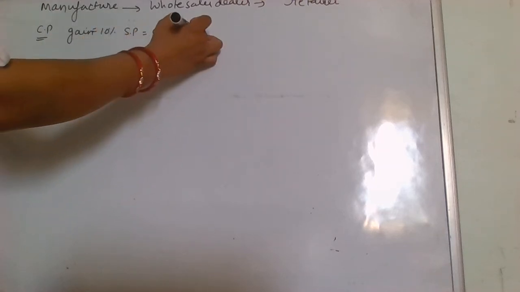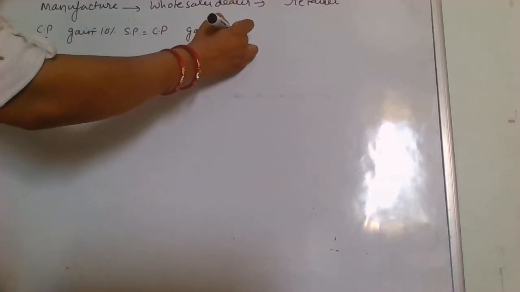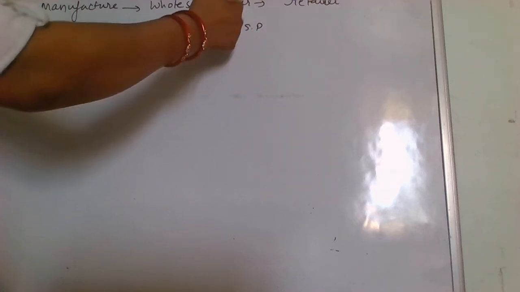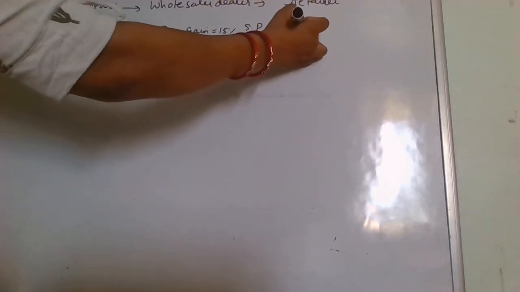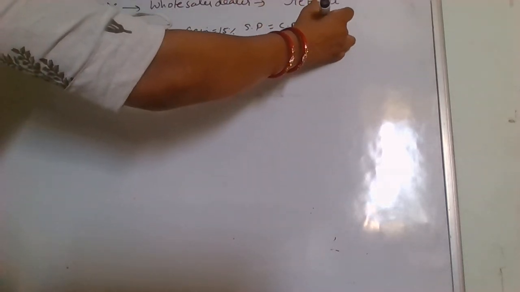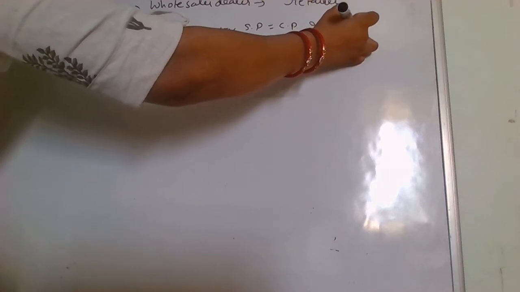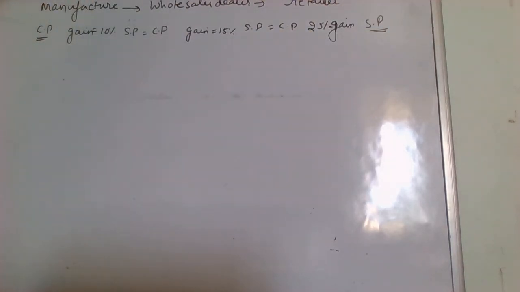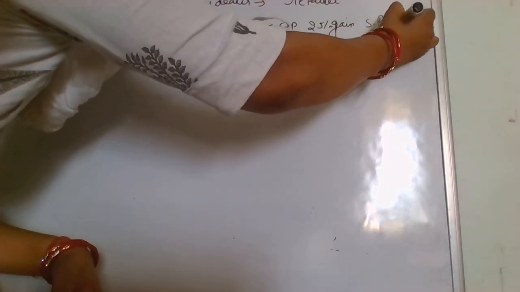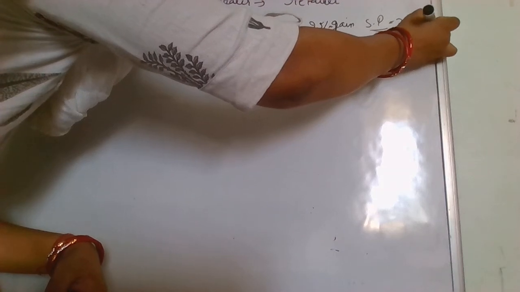Again, he will have a gain of 15%, and he will sell it to the retailer. So the selling price of the wholesale dealer is equal to the cost price of the retailer. Again, the retailer will have a 25% gain, and the selling price is equal to 37950.